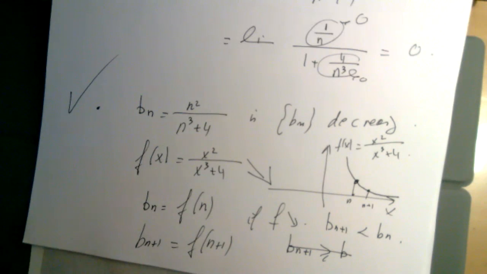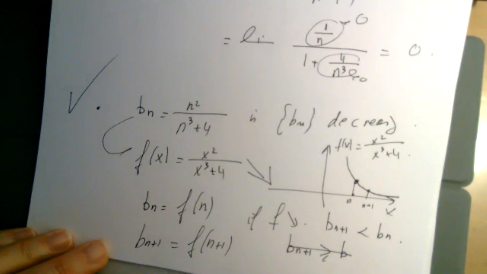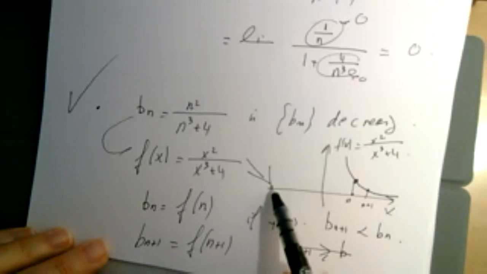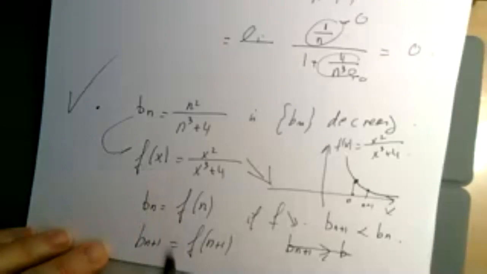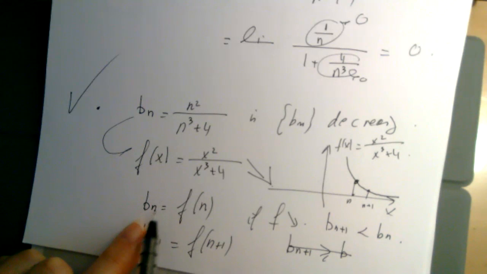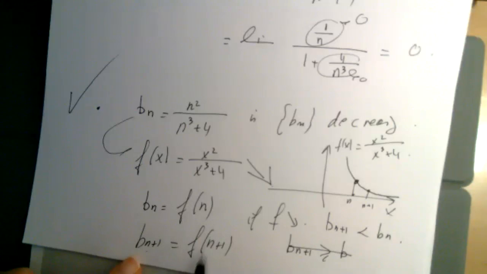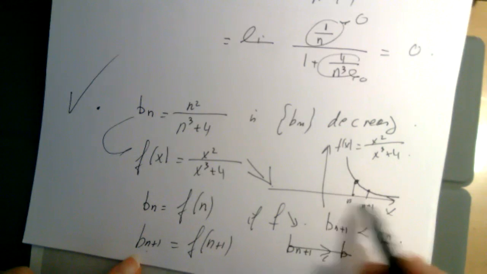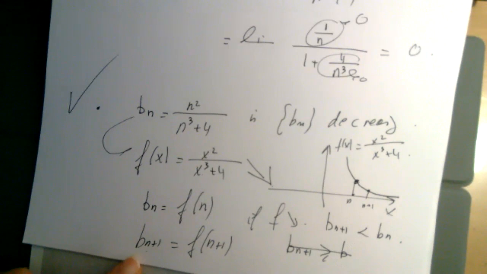So if the function is a little bit complicated like that, to show decreasing, you take the function x squared over x cubed plus 4, and you show that this function is decreasing. It means my sequence is also decreasing, because my Bn is the output of f at n, and Bn plus 1 is the output of f at n plus 1. Since f is decreasing, the output at n plus 1 is less than the output at n.